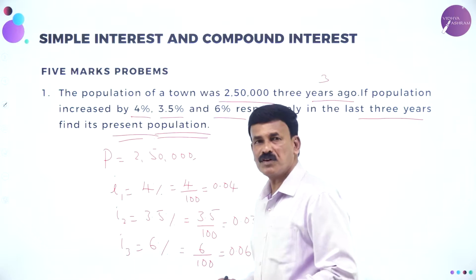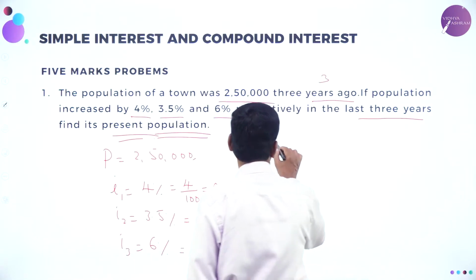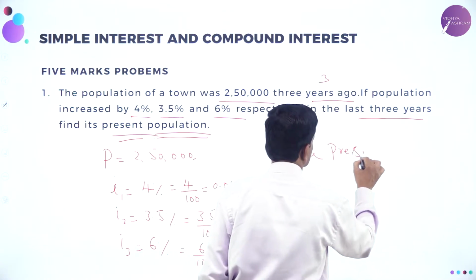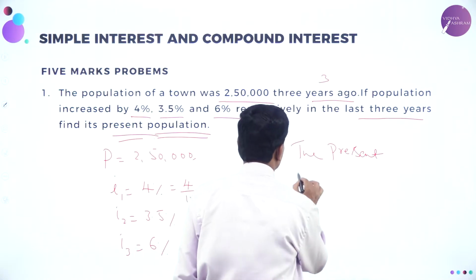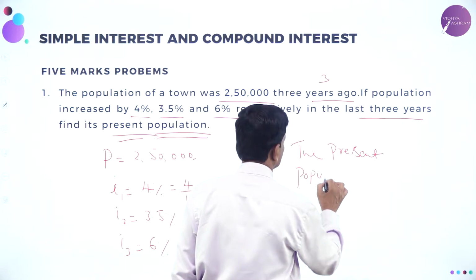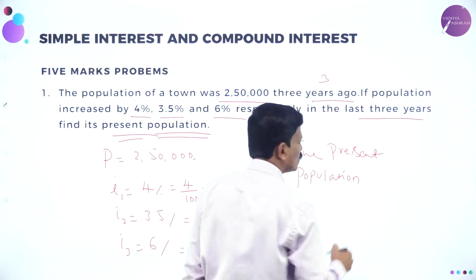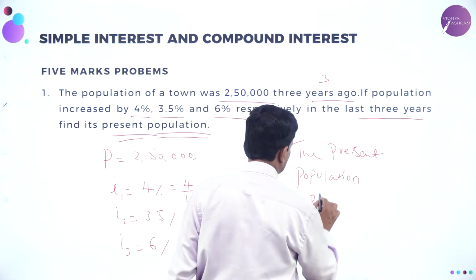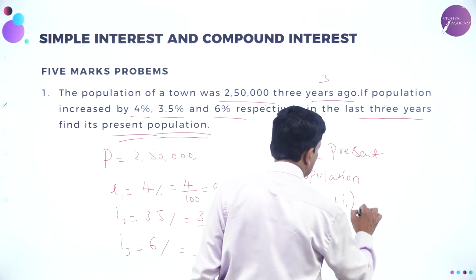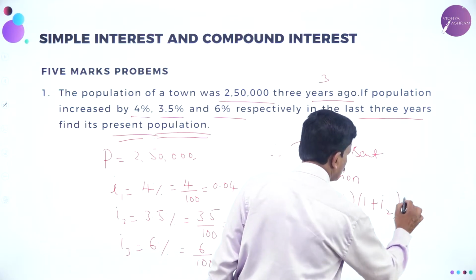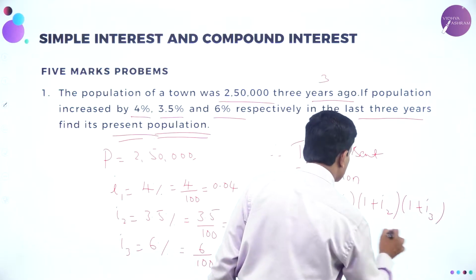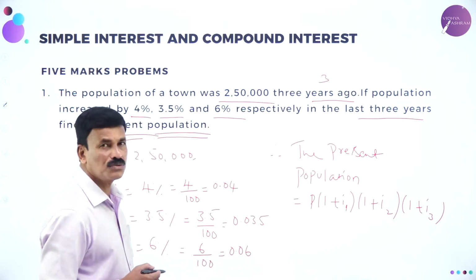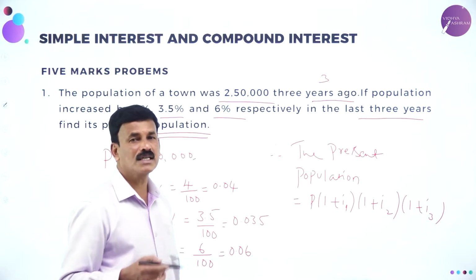Now, what is the formula for present population? Therefore, the present population is calculated using the formula P into 1 plus I1 into 1 plus I2 into 1 plus I3. That's all. If you multiply, you will get the present population.